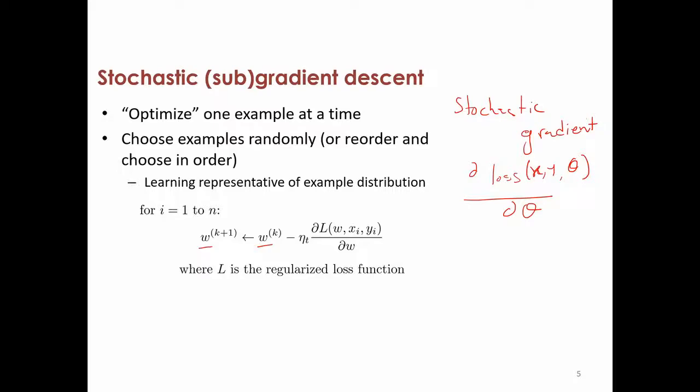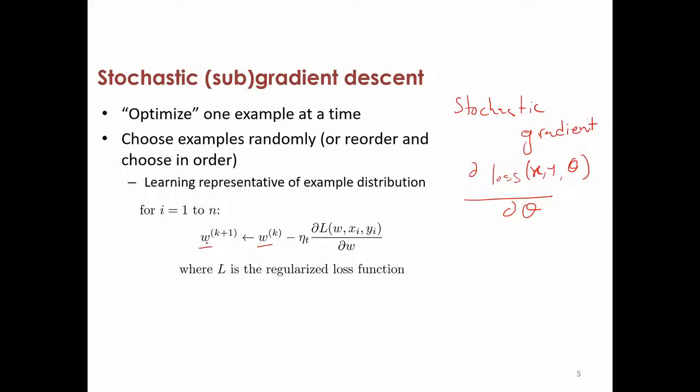So at the end of it, you get a sequence of random w's, and there are certain guarantees on this set of random w's.